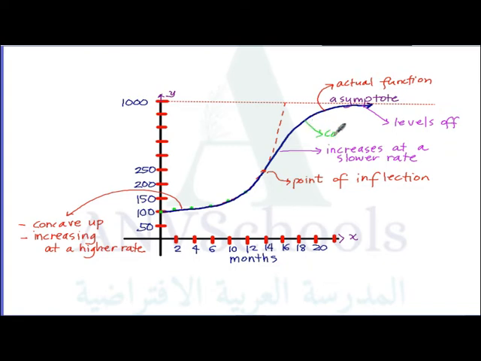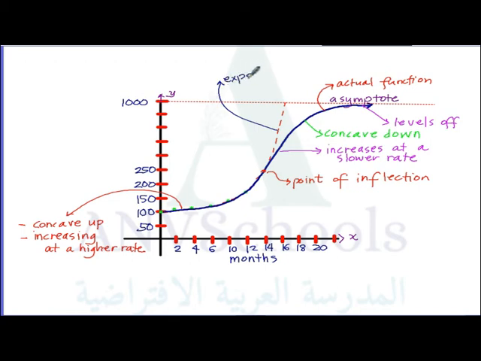So it's concave down. So these are the characteristics or the elements of the logistic function. And this function here, the broken line, defines the exponential function.